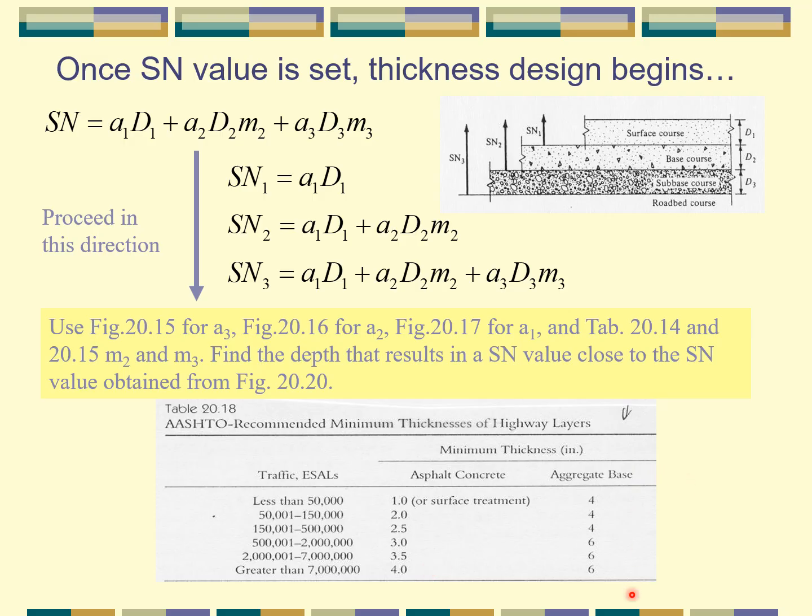So you will have to check whether the calculated values are in line with this table or not, because these are the minimum thicknesses. If your calculated values are less than these values, you will have to use the values recommended in this table.